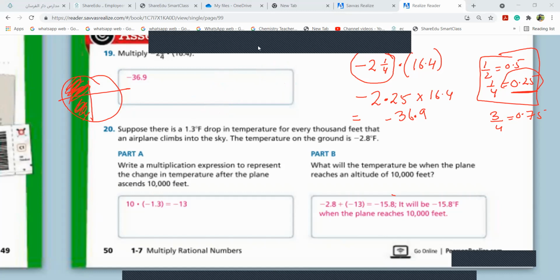Still if you don't get it, you remember this 1/4 is 0.25. So -2 I copy and 0.25 I write here, 16.4.